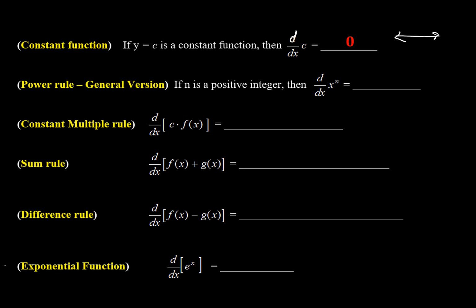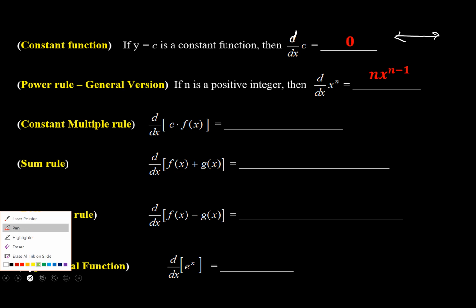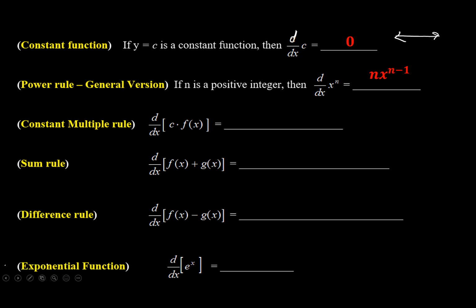Next, let's look at the power rule. This is the general version. If n is a positive integer, then if we take the derivative of x to the n, the derivative is going to be n times x to the n minus 1. This is a nice rule. So kind of think about this.